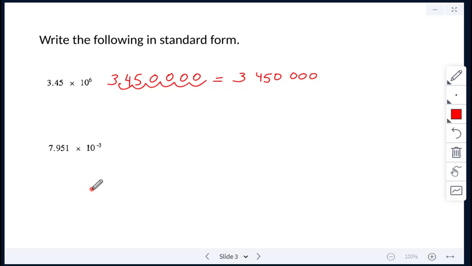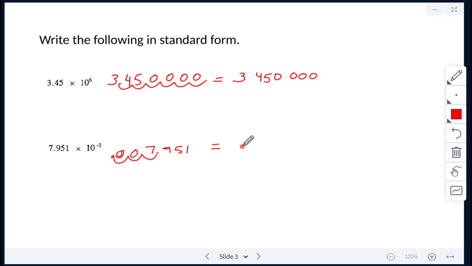All right, and then this one, the exponent is a negative exponent, so we know it's going to be a number that is less than 1. So we're going to move our decimal place to the left. All right, so if we have 7.951, and we are moving the decimal place to the left, so 1, 2, 3, there, and then we would fill in with the zeros like so.